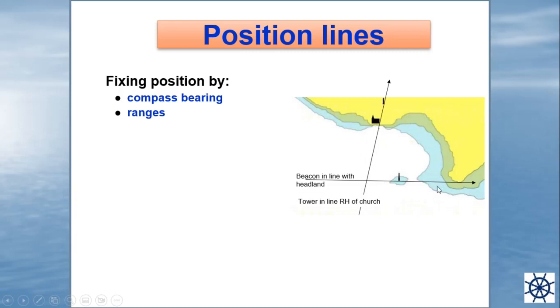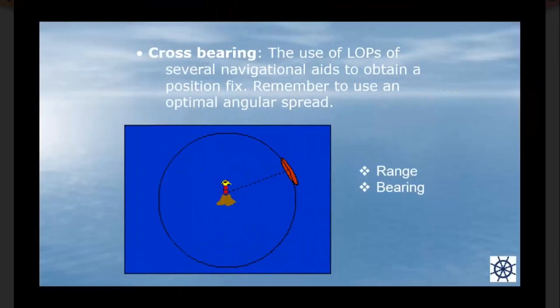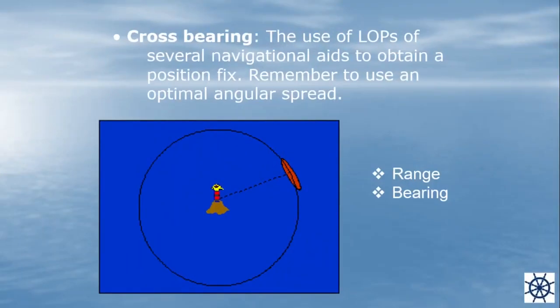So dalawang line of transit, no? Dalawang reference in each bearing, no? And another beacon in line with the spire. Yan, tatlo. Okay, so tatlo ang kanyang reference, no?